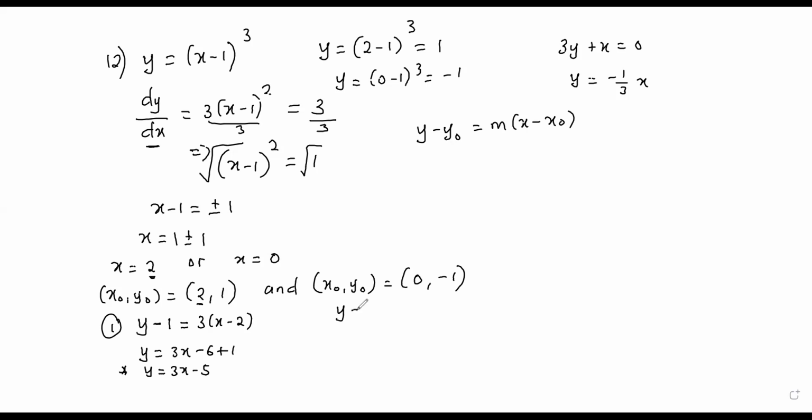Then the other line: y minus -1 equal to m. What's our m? Our m is 3, times (x minus 0). So this will be y plus 1 equal to 3x, which is going to be y equal to 3x minus 1. So we get these 2 lines, this one and this one.